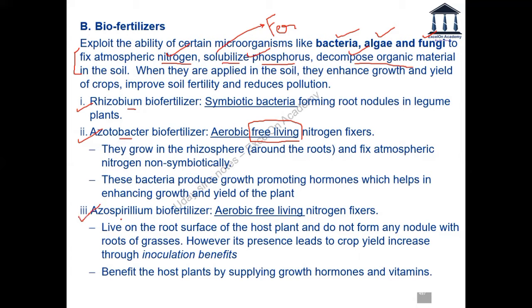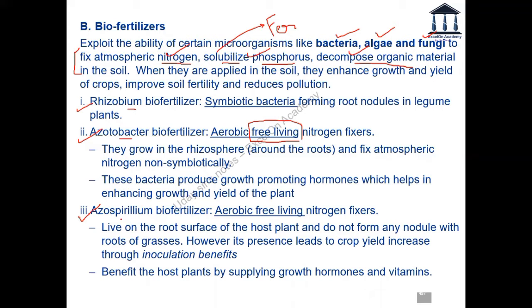Now, I mentioned another bacteria, azospirillum biofertilizer. The peculiarity of this biofertilizer is that it is applied to the seed itself. When they are sowing it, sometimes they cover it with a layer of azospirillum and then they sow the seeds.